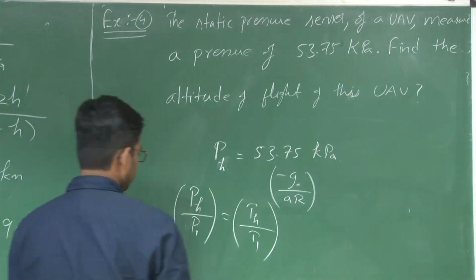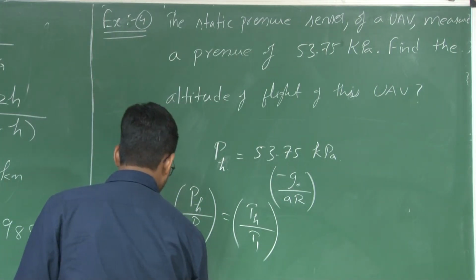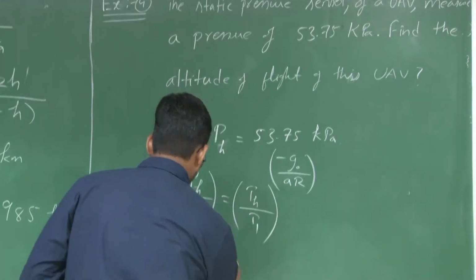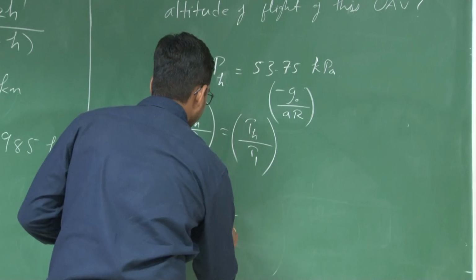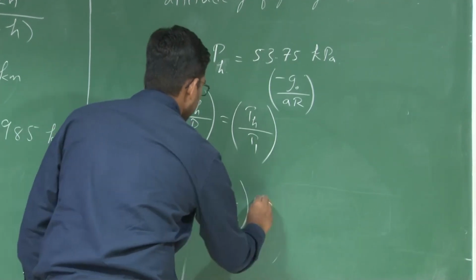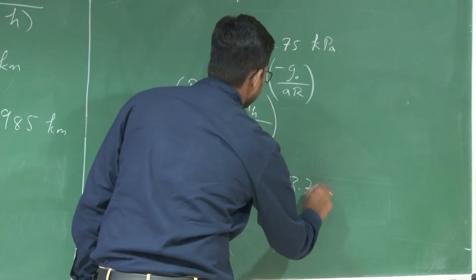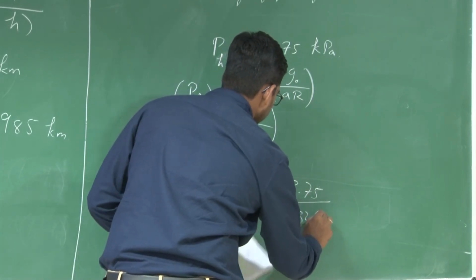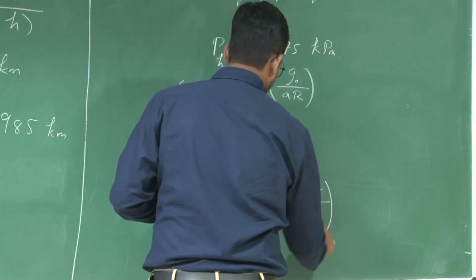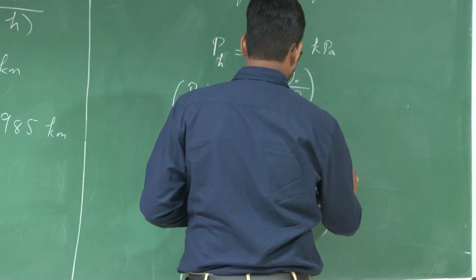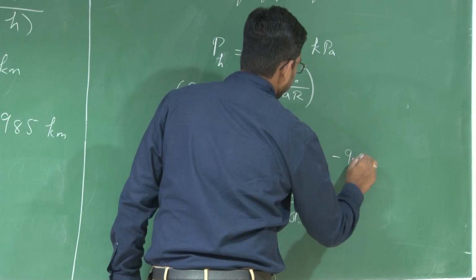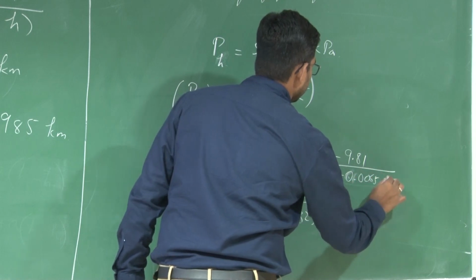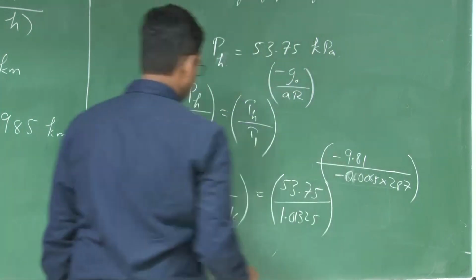So T at that altitude by 288.16 is equal to 53.75 kilopascals divided by 1.01325 kilopascals, raised to the power of minus 9.81 divided by minus 0.0065 into 287.